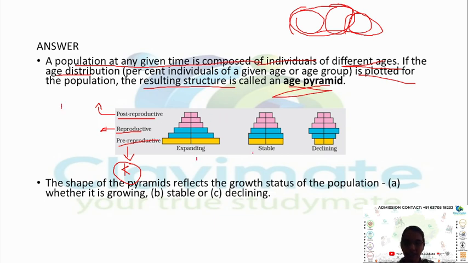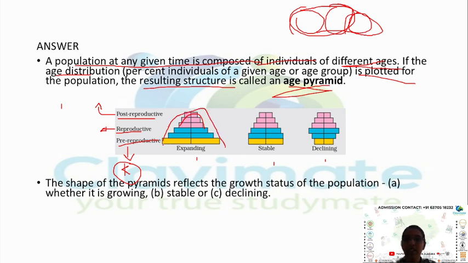We have expanding, stable, and declining. Let's see what this is. Expanding: we have pre-reproductive, that is, the small kids are higher in number. Then we have reproductive stages next, and then post-reproductive stages lesser. So this is expanding.